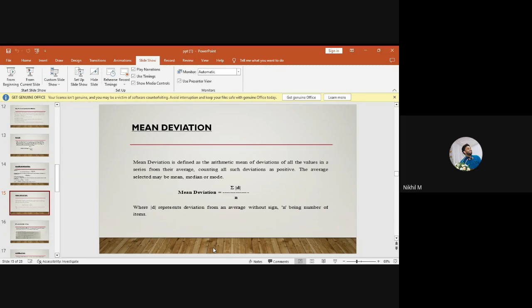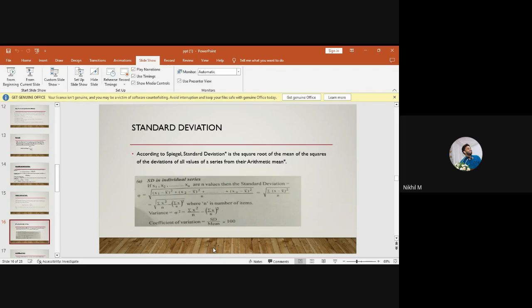Next is standard deviation. Standard deviation is the square root of the mean of the squares of the deviations of all values of a series from their arithmetic mean.